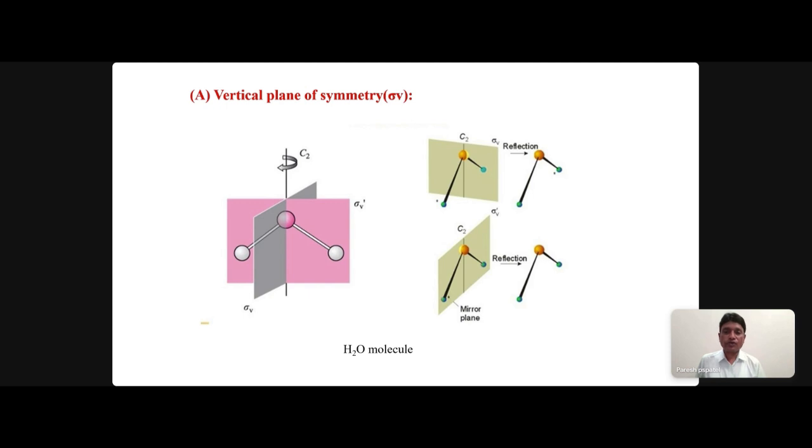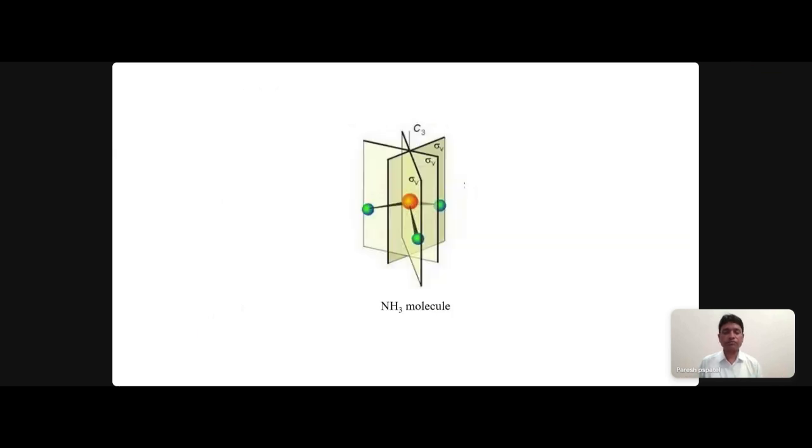So the water molecule consists of two vertical planes: one is sigma Vxz, another one is sigma Vyz.